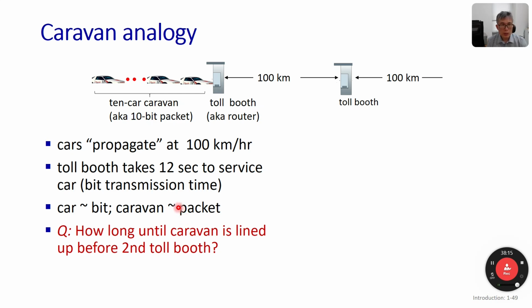The car analogy is that we have 10 cars, so we can say a 10-bit packet. The 10-bit packet arrives at a toll booth, which is a router, and then at the next router, the next toll booth. How can we calculate the nodal delay? The distance between toll booths is 100 kilometers, and each toll service, the transmission time, is 12 seconds.